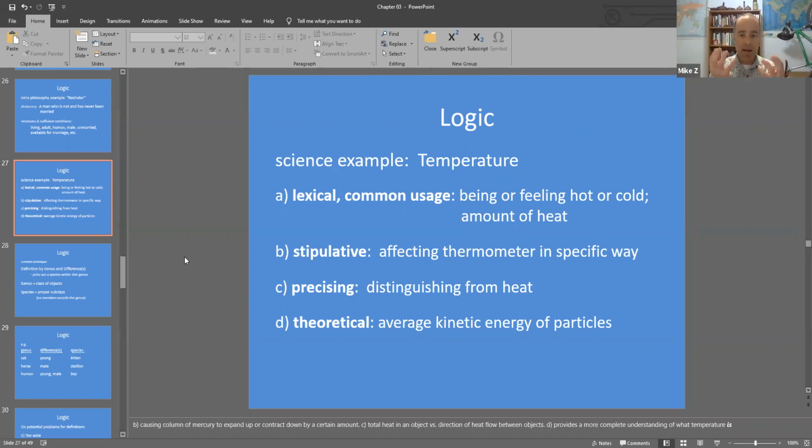And so it turned out that when we're measuring temperature, what we're actually measuring is the average kinetic energy of the particles that make up the substance that we're measuring. That's what temperature actually is, right? And it took a scientific theory, in fact, overlapping scientific theories, to give us the full scientific theoretical definition of what it is to be temperature. And so that gives us the full understanding, the absolute understanding of what temperature really is.